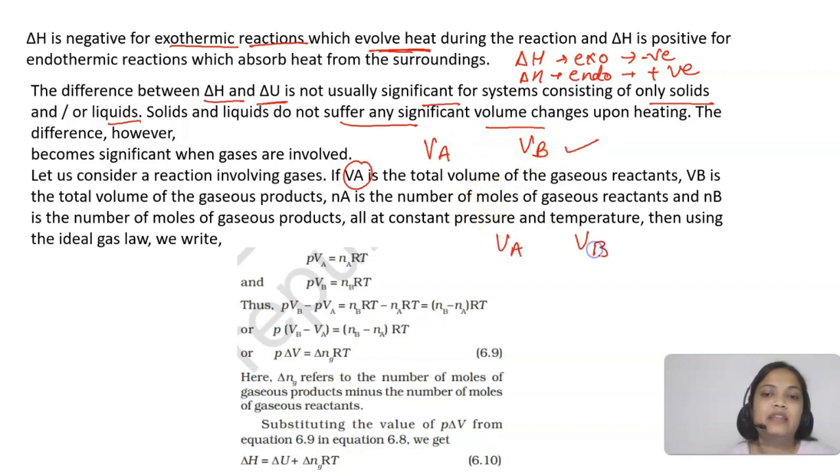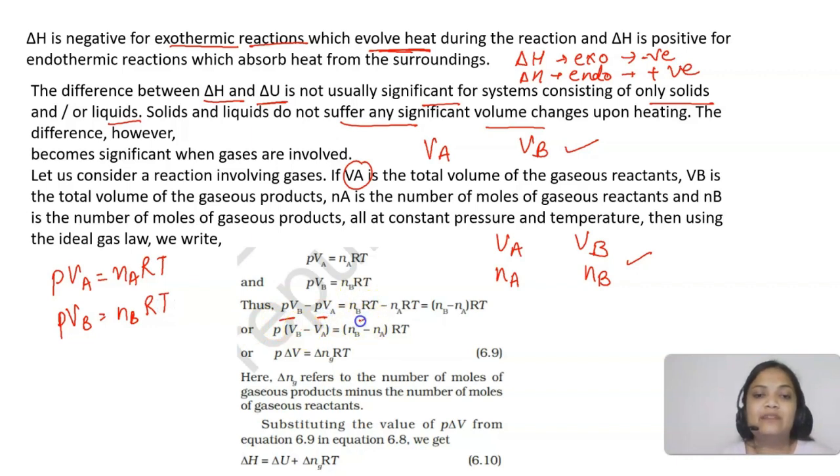Similarly, NA is the number of moles of gaseous reactants and NB is the number of moles of gaseous products. So you can write the ideal gas equation: PVA is equal to NART and PVB is equal to NBRT. Now instead of PVB minus PVA, we can write NBRT minus NART. So here we can write NB minus NA into RT. This is the change in number of moles, which I can write as delta NG RT.